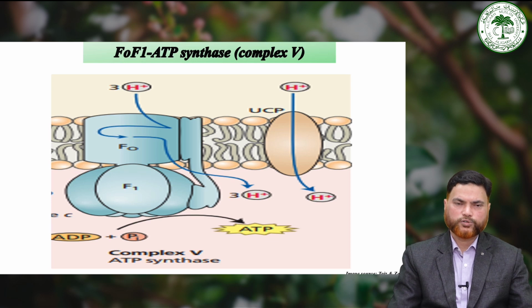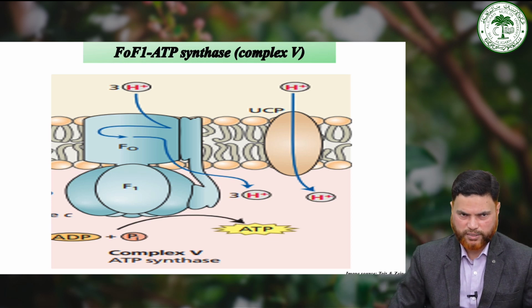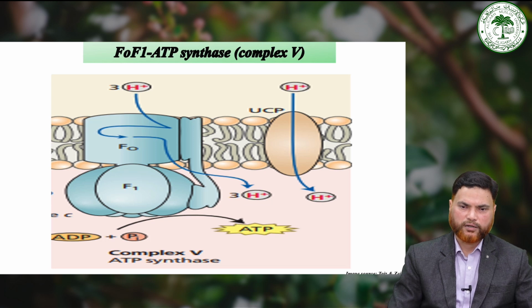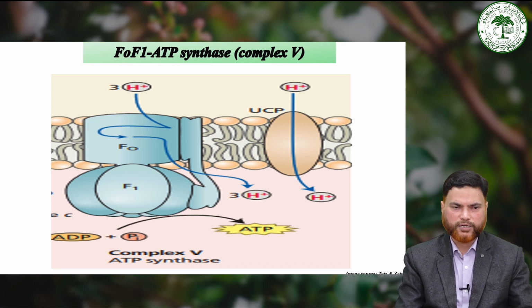And now the question is, what is the main function of this F0 F1 ATP synthase? It is involved in the synthesis of ATP from ADP and phosphate, and this synthesis occurs in the F1 complex, which has 3 catalytic sites, namely alpha, beta and gamma subunits, responsible for synthesis of ATP. It is also helpful in translocation of protons.